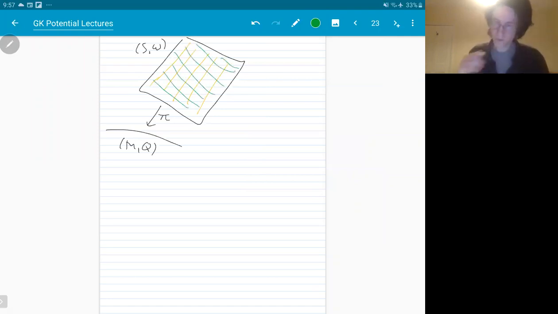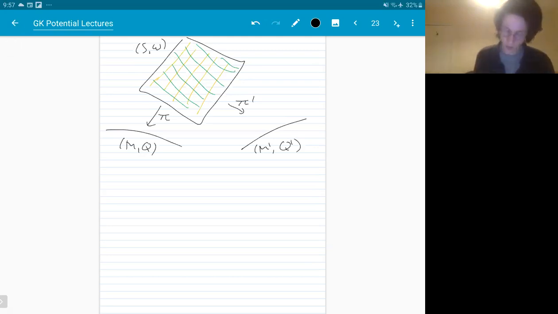Ignoring issues that the leaf space might not be Hausdorff, or if we want, we can just work locally, we get out of this a second Poisson manifold. So the upshot is that symplectic realizations naturally come in pairs.